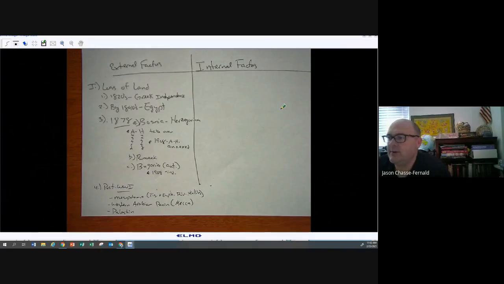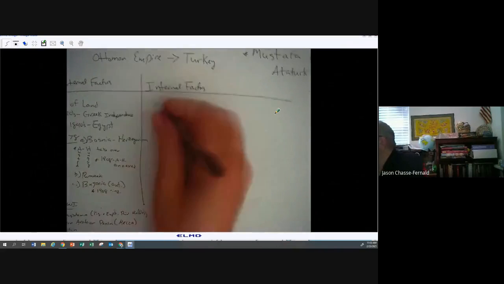They lose all three of the most important cities, Mecca, Medina, Jerusalem, all lost. So when we talk about Ataturk, when he comes to power, he never really makes an attempt to regain this land. These are simply allowed to go. Right. All right. Then you got a ton of internal factors as well.